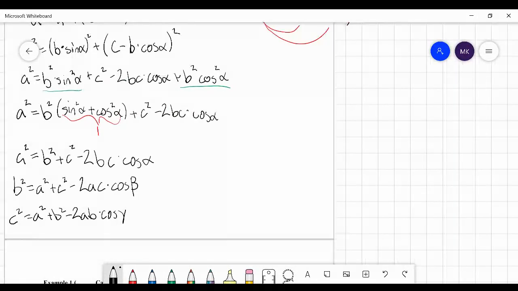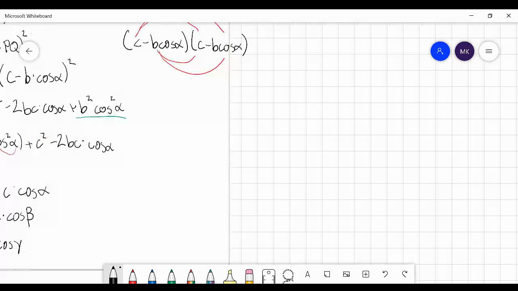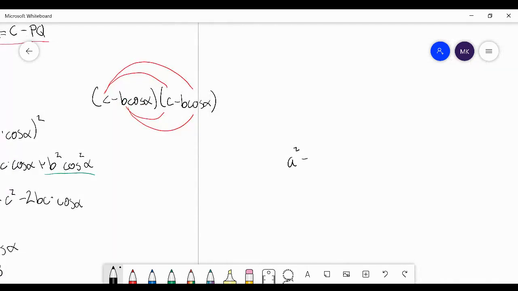And so if we look at our first version here, I'm going to go off and do this on the side. So I have a squared was b squared plus c squared minus 2bc times cosine of alpha. Because this is negative, I'm going to add 2bc cosine alpha to both sides. Plus 2bc cosine of alpha. But I'm also going to subtract a squared.